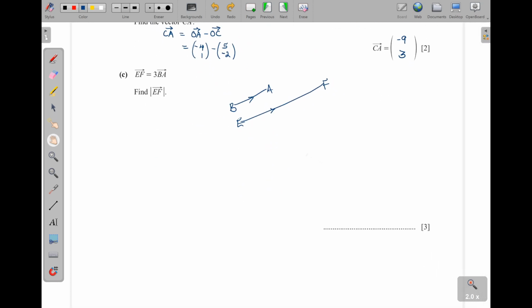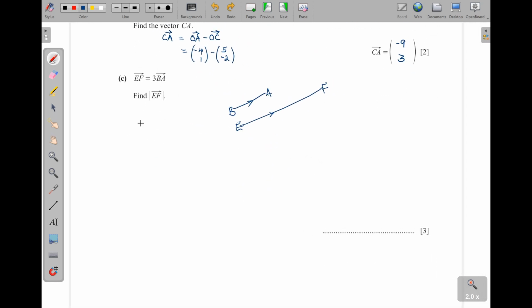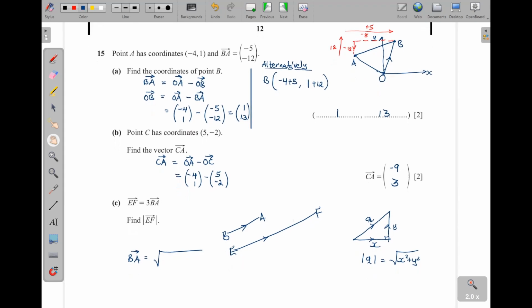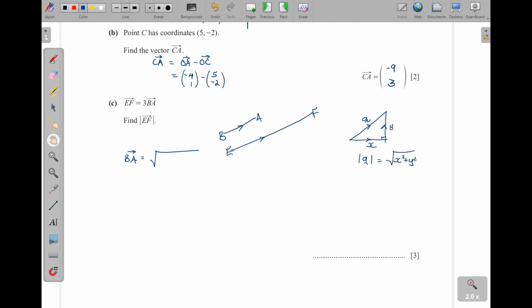So BA, we know that using Pythagoras theorem, if this one has moved X this side, and this one has moved Y this side to give you this vector, then the length of that vector is going to be the square root of X squared plus Y squared, using Pythagoras theorem. So BA is going to be equal to the square root, and they gave us BA, which is (-5, -12).